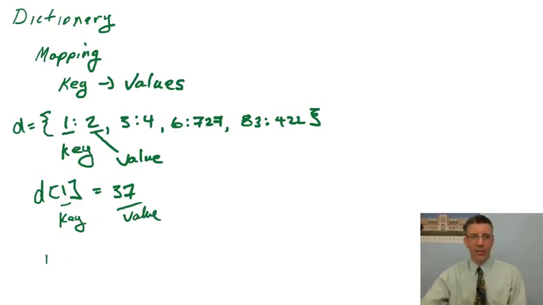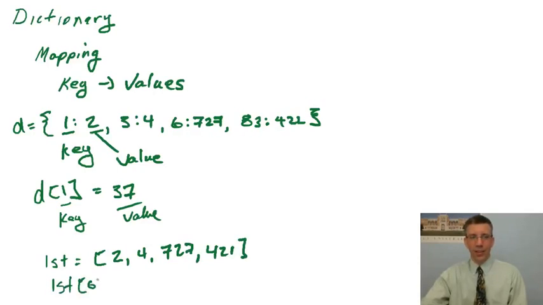So if we had a list that equals 2, 4, 727, 421, okay, and I access it like this, list bracket 0, I'm going to get the 0th element. This is the same looking syntax as the dictionary.